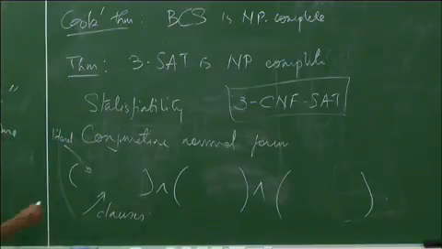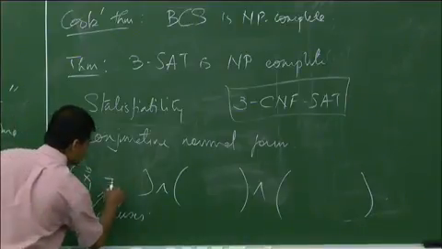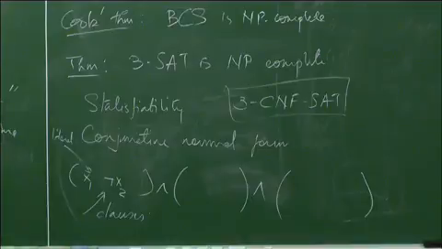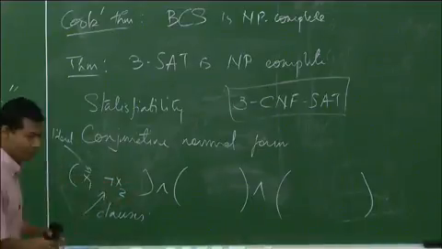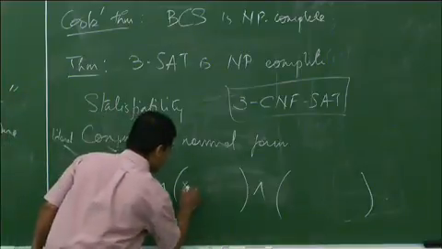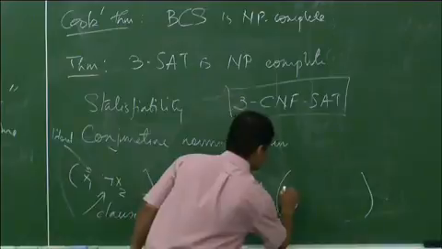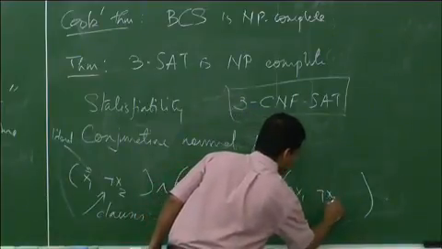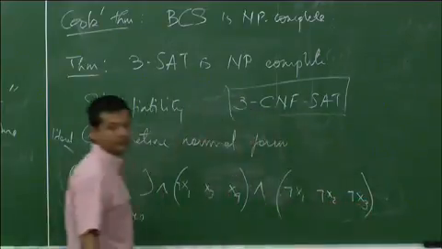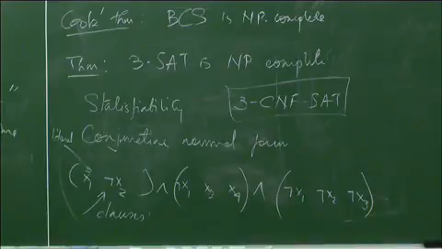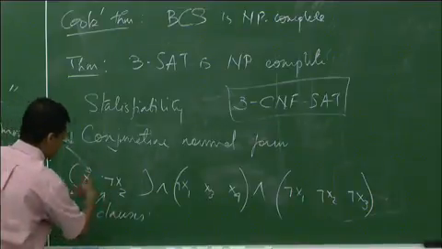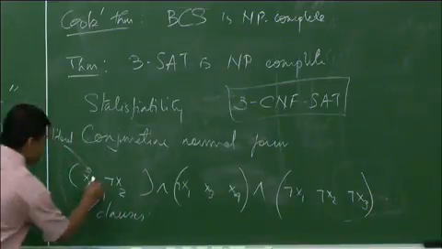And literals are either variables themselves or not of some variables. These are the only things that are allowed. So, you have variables or not of variables. And the way these things are connected has to be with ORs.